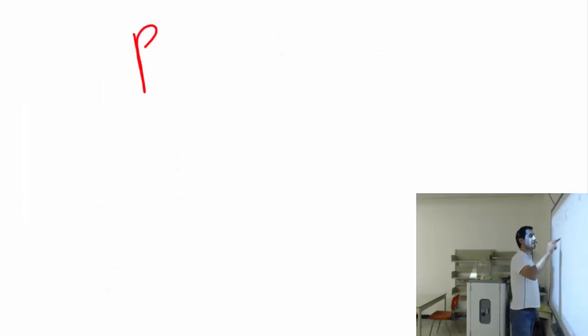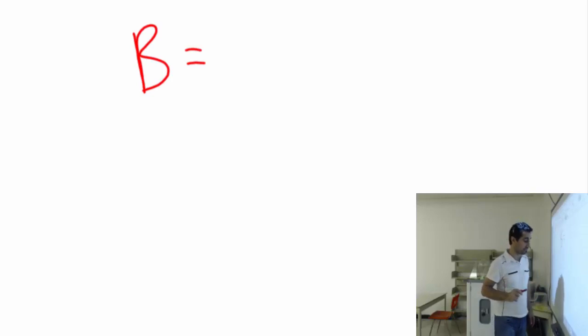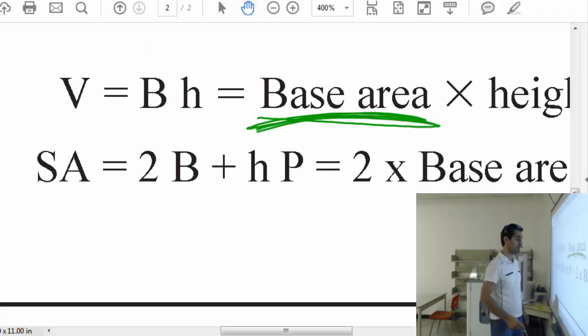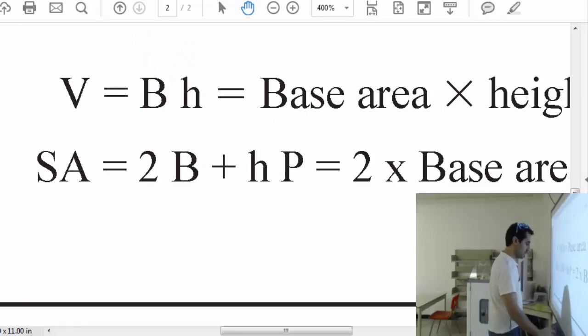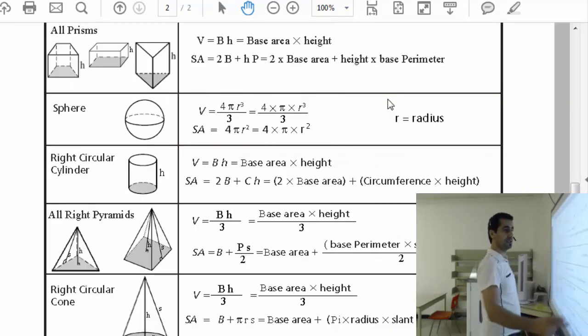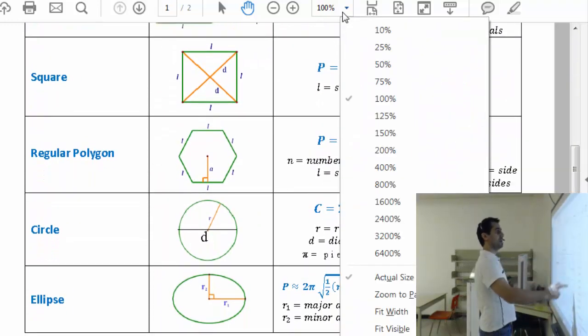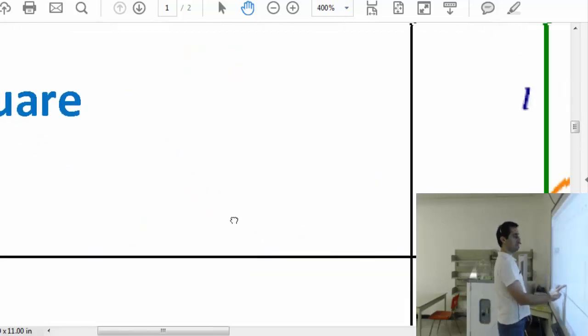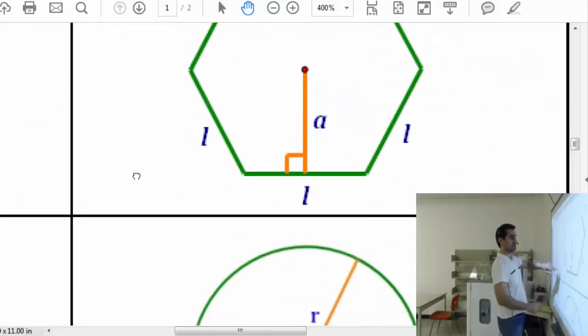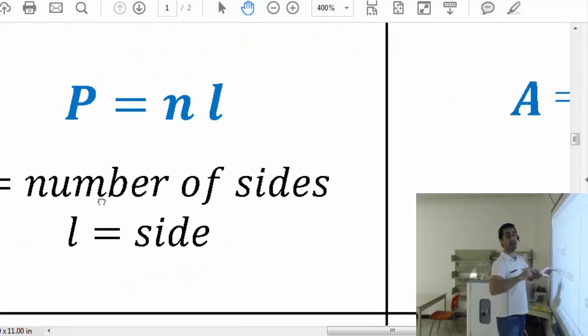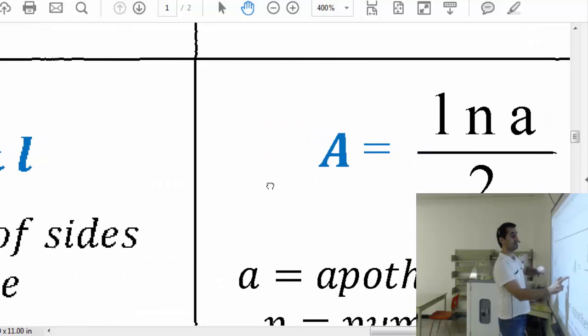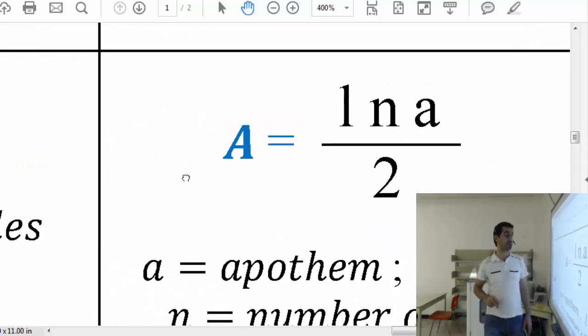I'm going to open another page and write down the base area formula, that's the polygon's area formula, which I don't have yet. So let's clear that, make this smaller, go up, polygon is right here, make it 400% bigger. Alright. That's the perimeter, and I know I'm going to need that later on. Area formula: area equals capital B, in this case, equals LNA divided by 2.